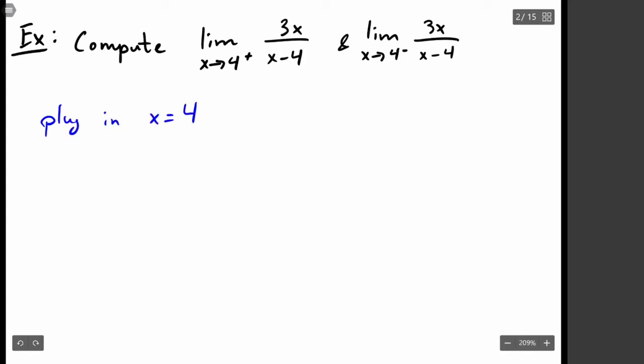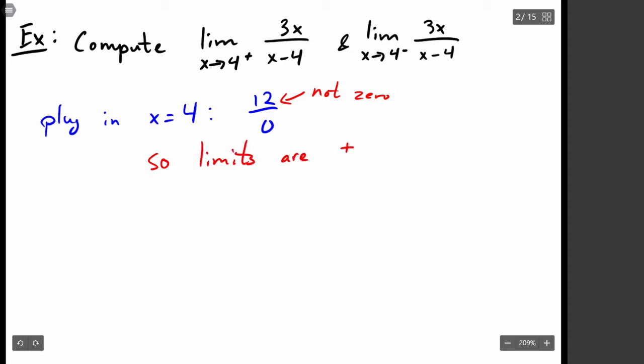I know I just said this, but let's reiterate it, because this is really what's going to set us on this course. If we plug in x equals 4, we get 12 over 0. Since the numerator is not 0, but the denominator is, this should point us in the direction of plus or minus infinity.